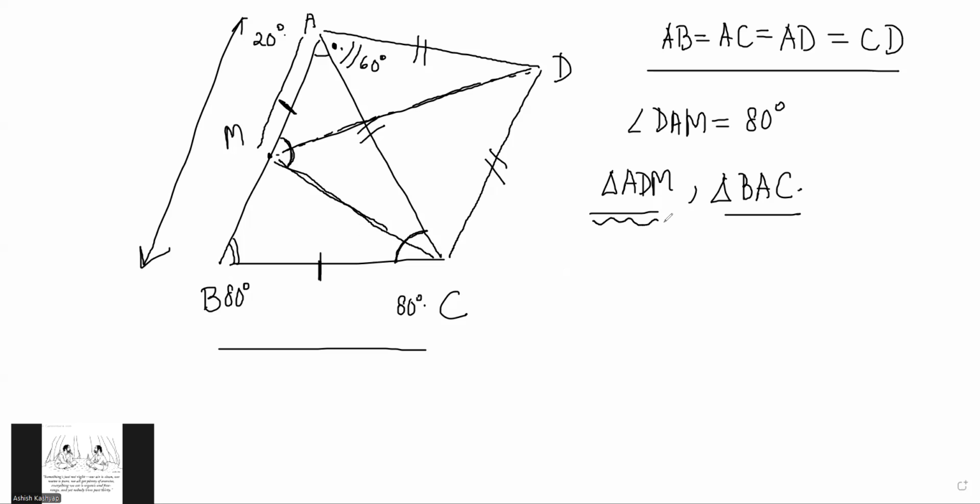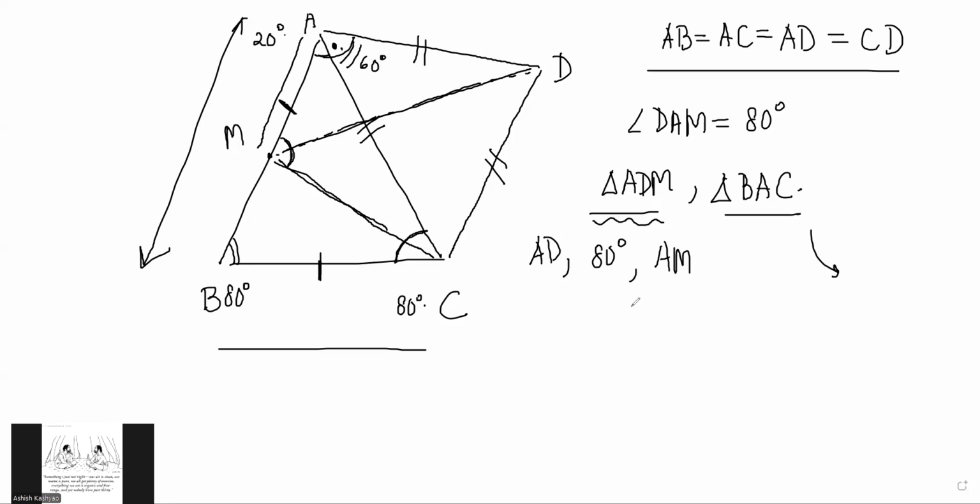Look at the three elements of this DAM triangle. We know there is an angle of 80 degree here. There is AD side on one side and then there is AM side on the other side, right? Let's look at BAC triangle.